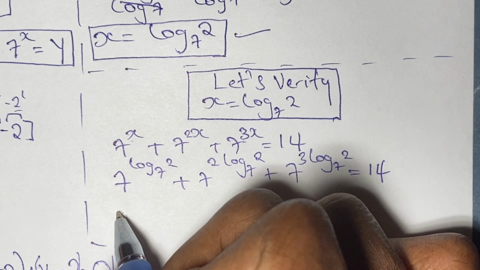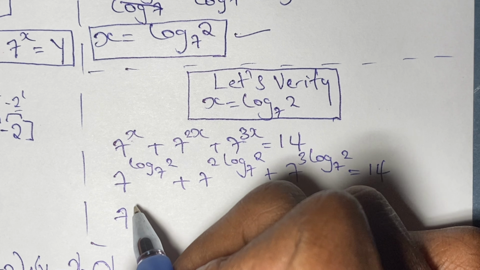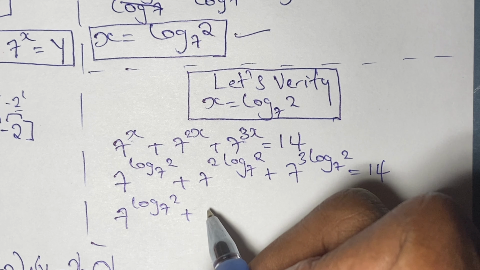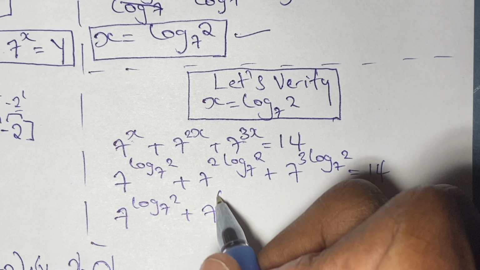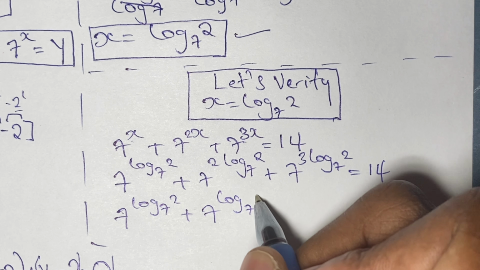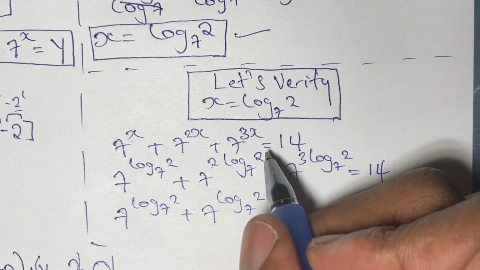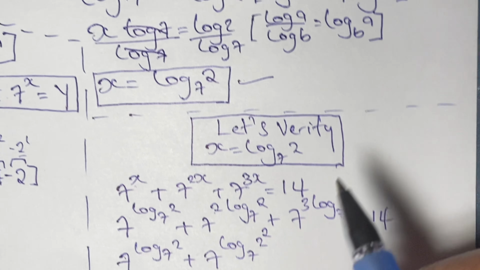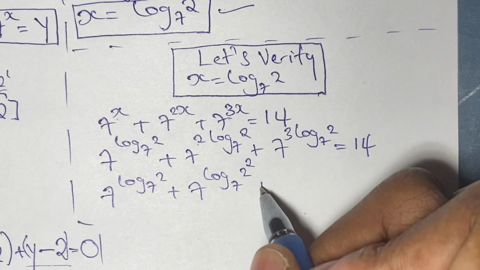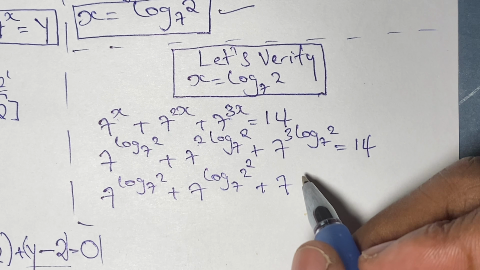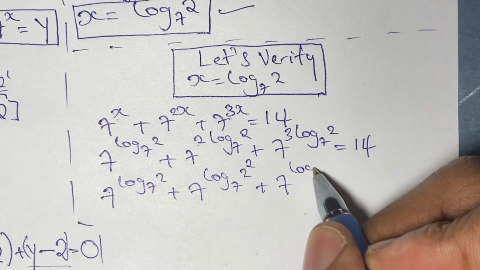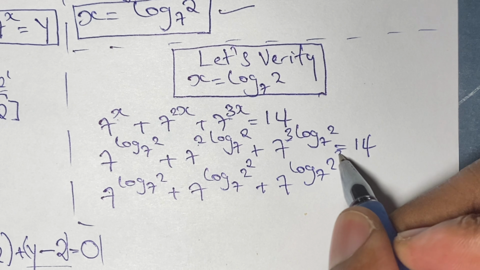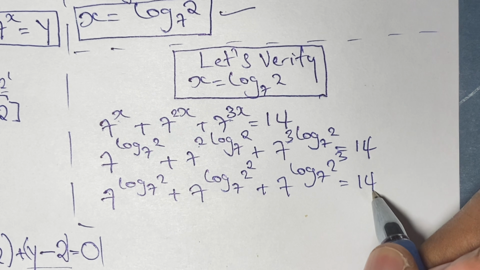So from here we say 7 to the power of log base 7 of 2, plus 7 to the power of log base 7 of 2, and we'll raise that to the power of 2, using what we have up here as our logarithm rule. We'll continue by saying plus 7 to the power of log base 7 of 2, and we'll raise that to the power of 3. This again must evaluate to 14.